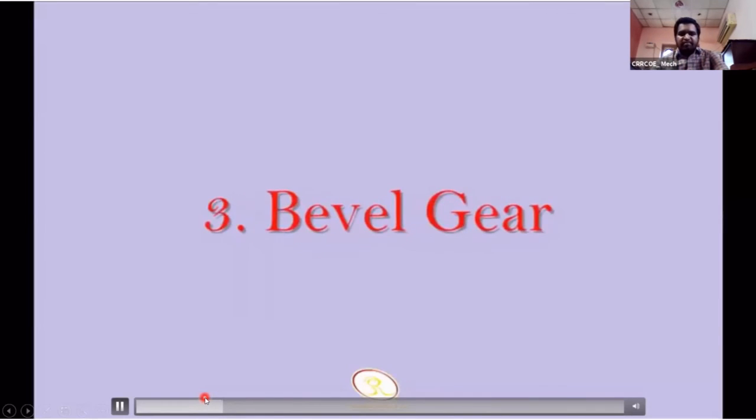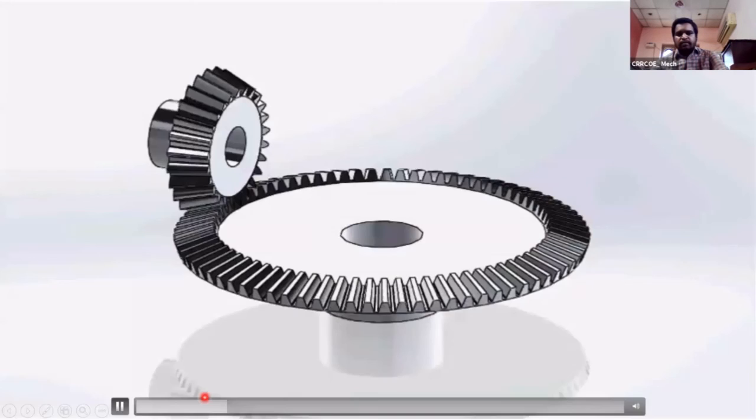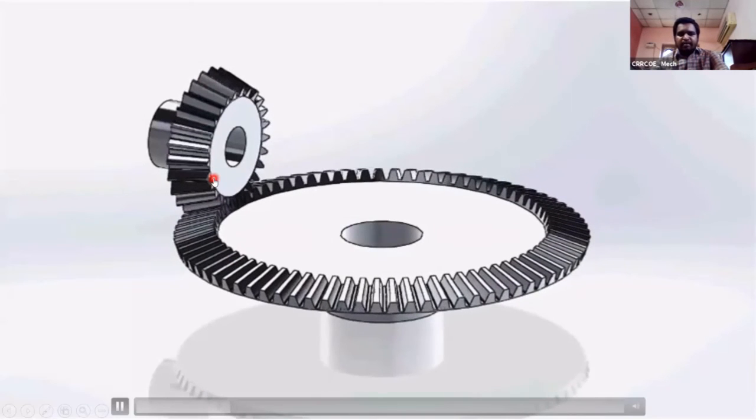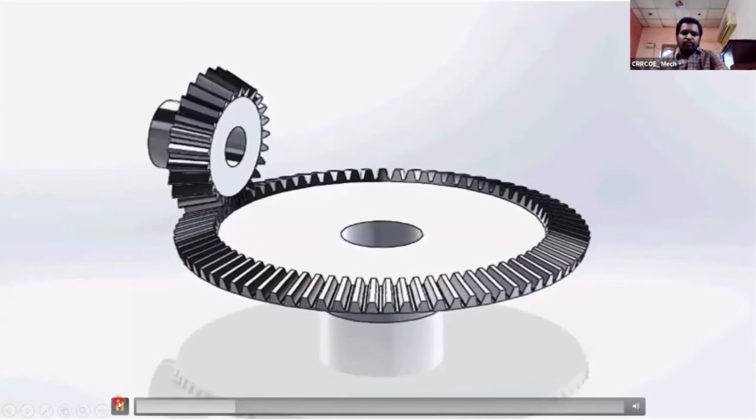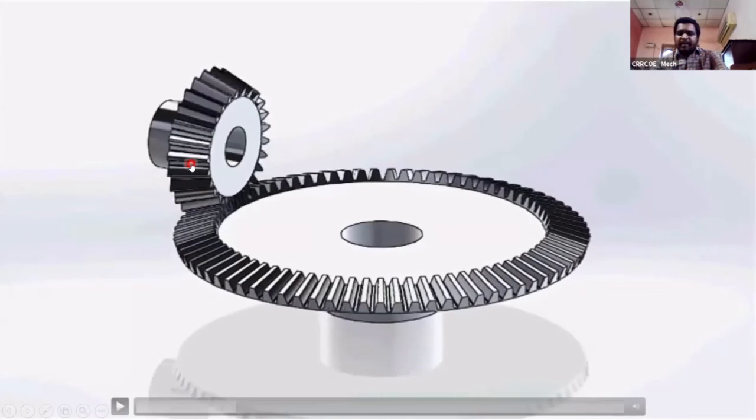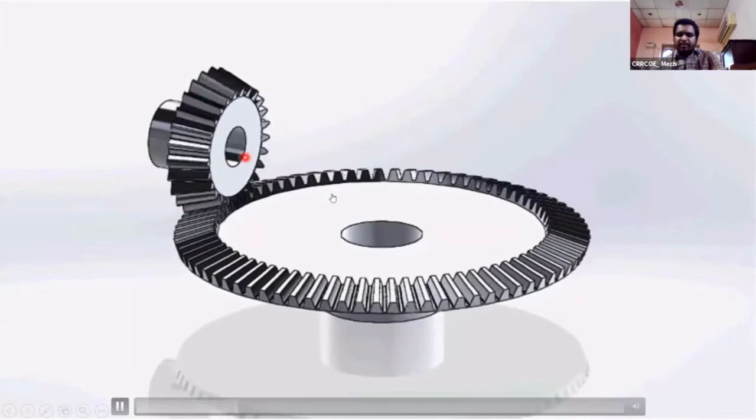Next, bevel gears. These are the bevel gears. Bevel gears are used for transmitting the drive from one shaft to the other when the shafts are not parallel. Here the shafts are intersecting. The axes of the two shafts are intersecting here.